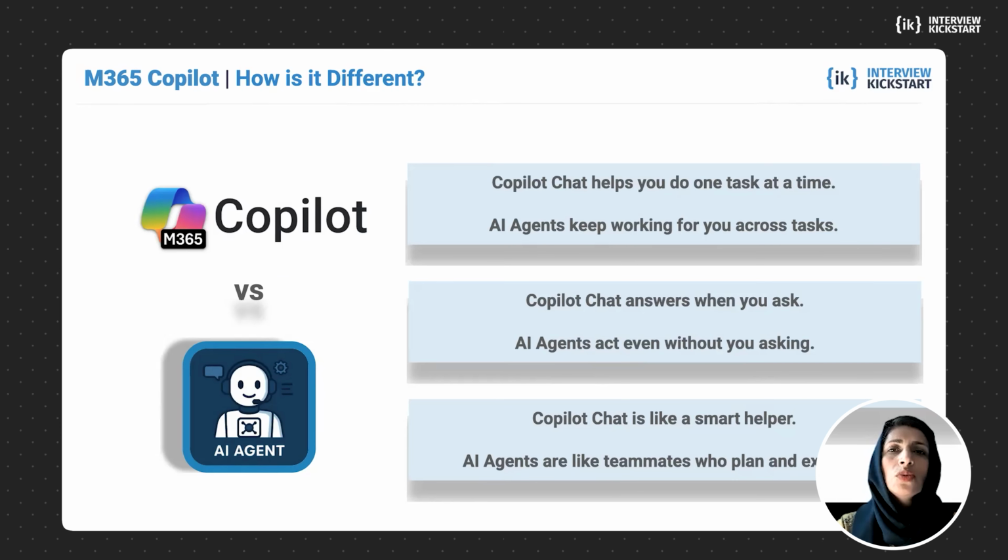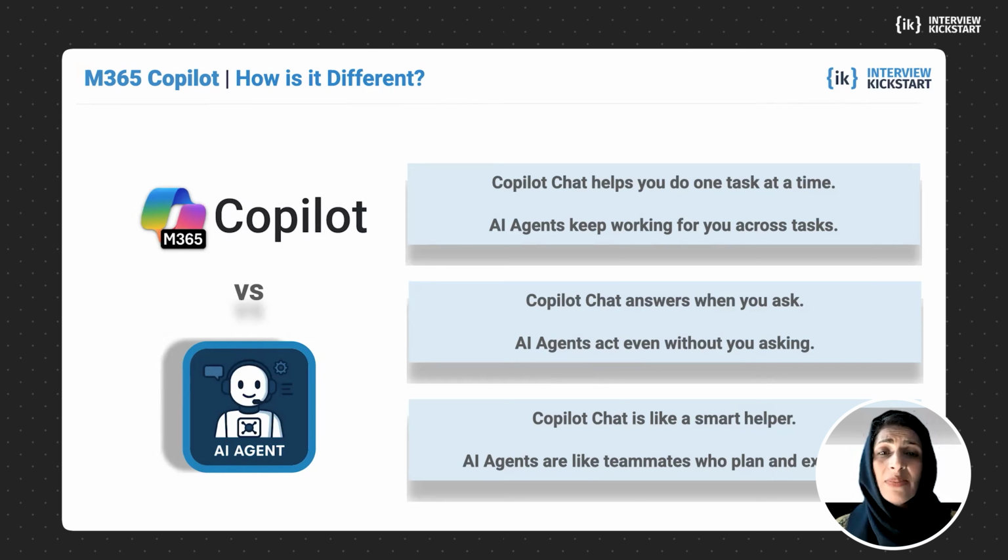Let's continue to break it down. Copilot chat helps you with one task at a time. AI agents, on the other hand, keep working for you across multiple tasks, maybe in parallel, even when you're not actively engaging with them. Copilot chat responds when you ask, but AI agents can act on your behalf.